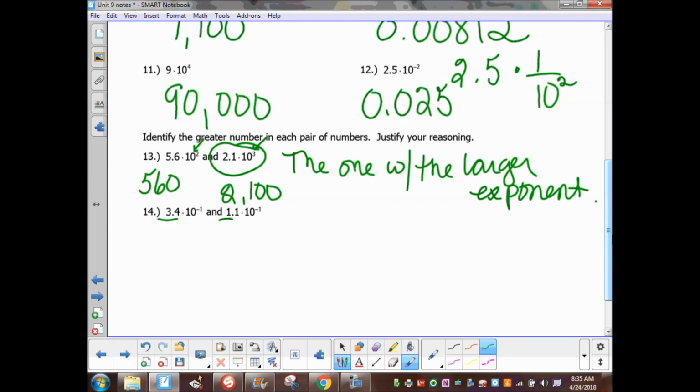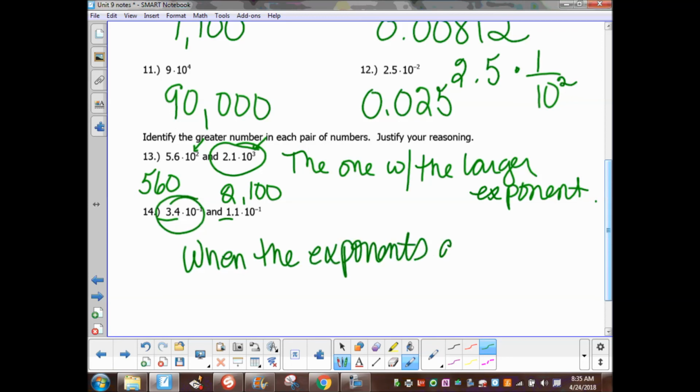The coefficient. So which one has the larger coefficient? 3.4. Okay. So write that down. When the exponents are equal, look at the coefficient.